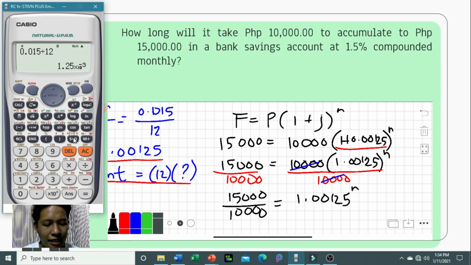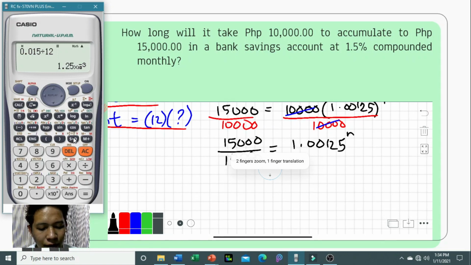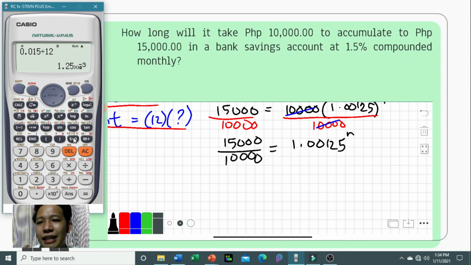So paano po natin makukuha yung value nito? Exponent yung variable natin. So we can just apply what we have learned from our previous modules. Going back to our lessons in the first quarter, we will now be applying the logarithms.